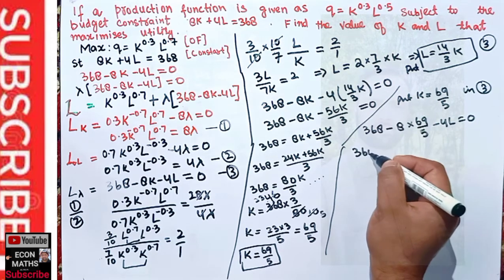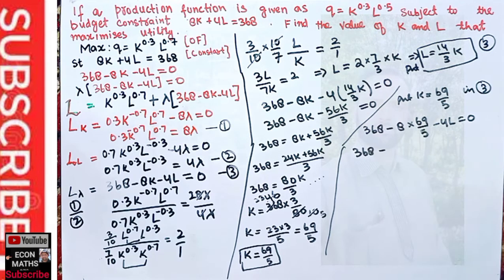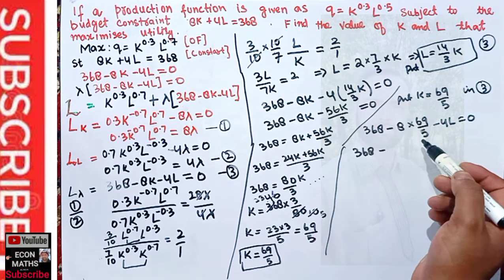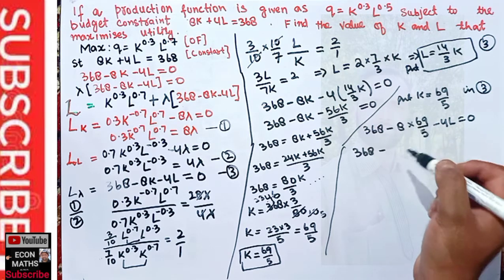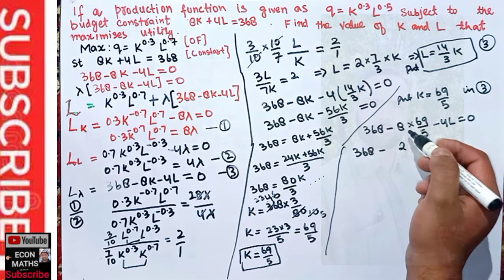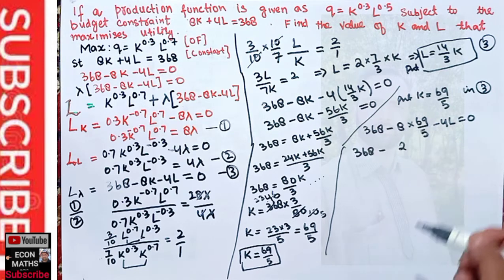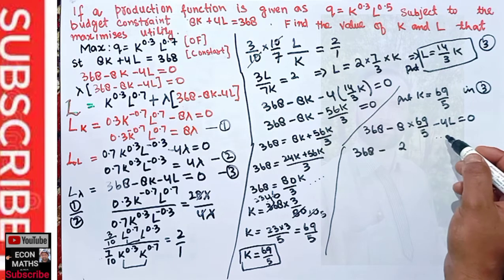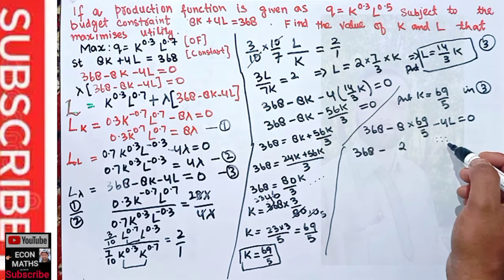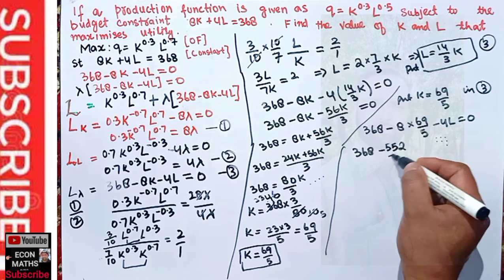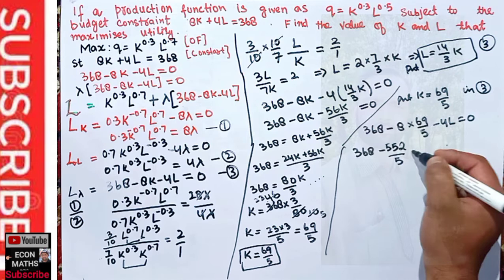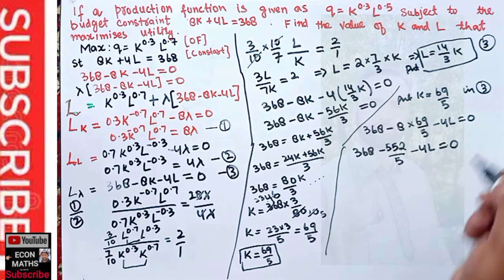Or we can write 368 minus, what can we do here, 8 9s are 72, and 8 6s are 48, 49, 50, 51, 52, 53, 54 and 55, so we get here 552 divided by 5 minus 4L is equal to 0.